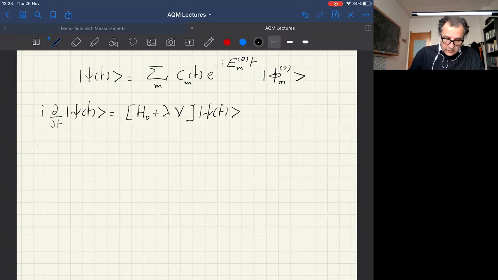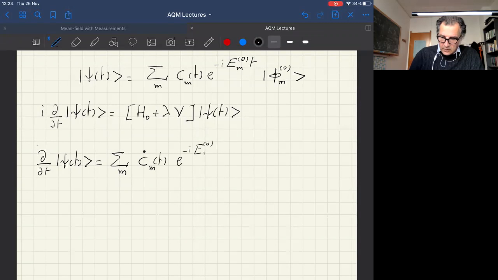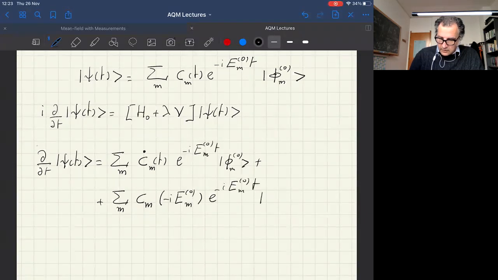I have to take the time derivative of psi of t, which is the sum over m of c dot m of t e to the minus i e0 m of t phi 0 of m, plus the sum over m of cm, and then I have minus e0 of m e to the minus i e0 of m of t. Okay?